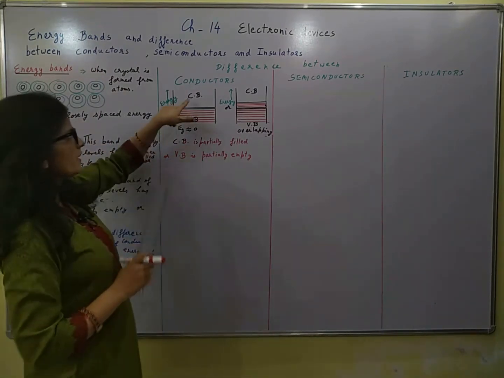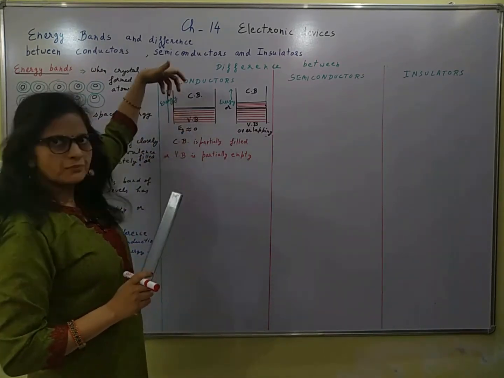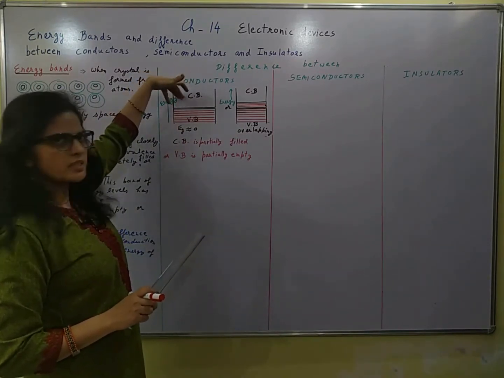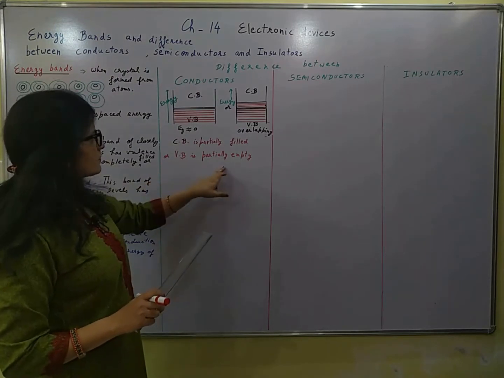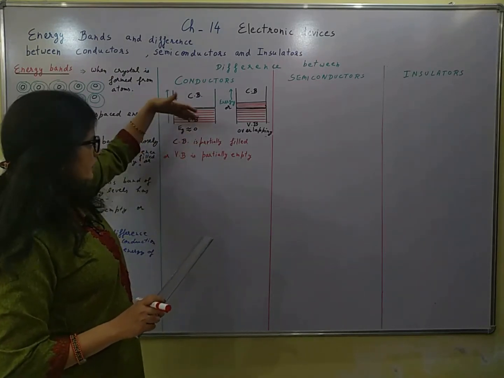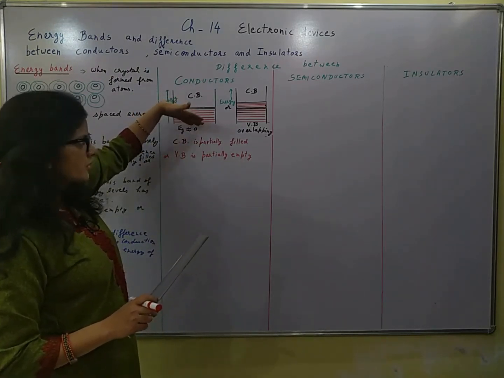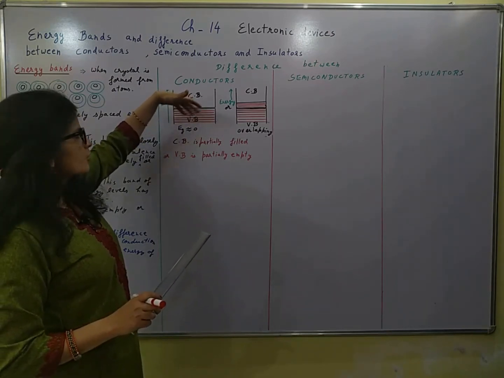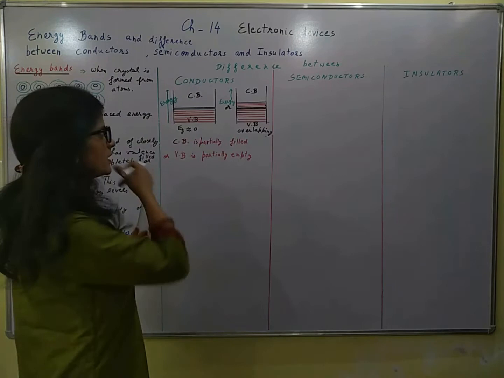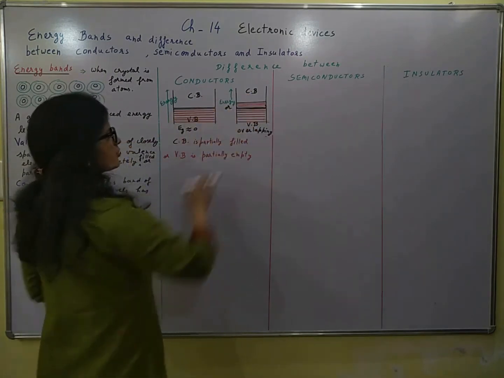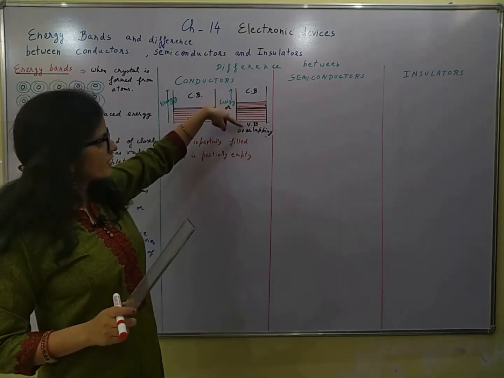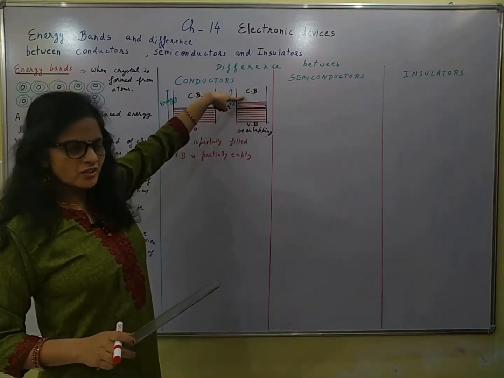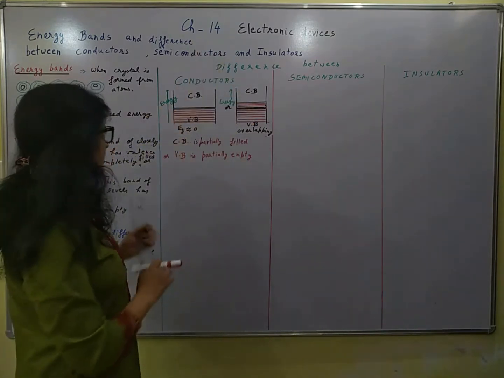If the conduction band is partially filled, it may conduct due to the presence of electrons in the conduction band, and if the valence band is partially empty, the electrons may jump from the lower to the higher energy state, right? So that way conduction is possible. And in this case, since there is no energy difference between the valence band and conduction band, the electrons may easily move to the conduction band, and that's why they can conduct, right?